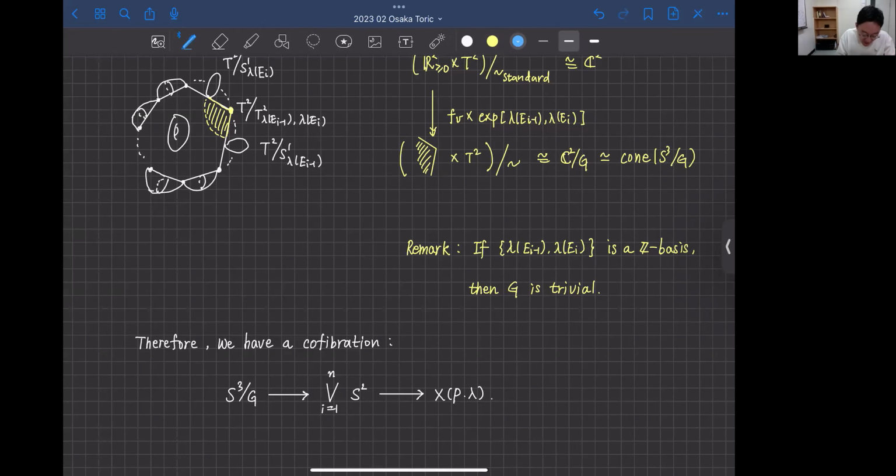However, if you pick one vertex like this, then in the local neighborhood this part is S³ modulo a finite group. We have the remaining n edges, and these n edges correspond to n many 2-spheres.